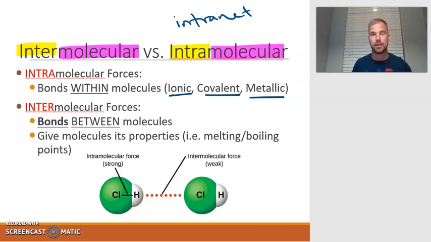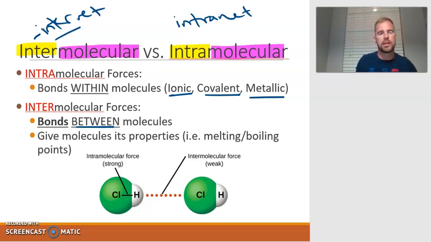Versus intermolecular, which is what we're going to talk about in this topic. Think of internet, right? The prefix inter means between. So an intermolecular force is a bond or force that is between molecules. These are actually what give the molecule or compound its specific properties, such as melting point and boiling point.